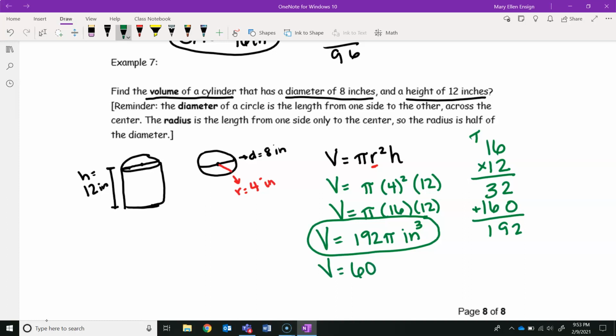It goes on forever, but we call it 3.14. So we get 602.88. So either 192 times pi, you can just leave it as pi, or you can say 3.14 for pi, multiply those, and get 602.88. So that's how many cubic inches there are in this volume.